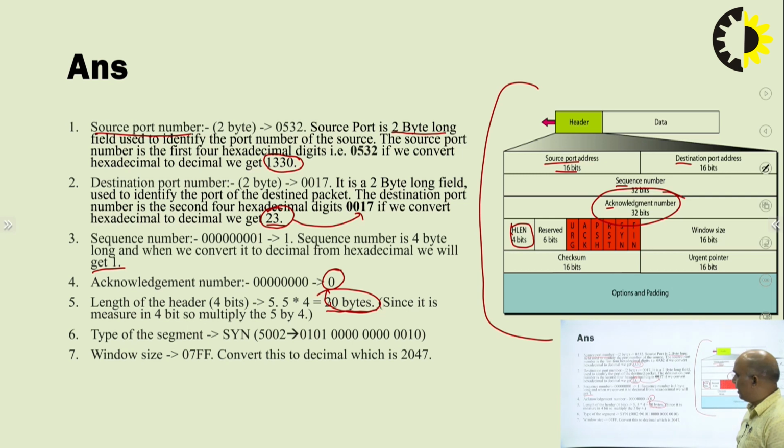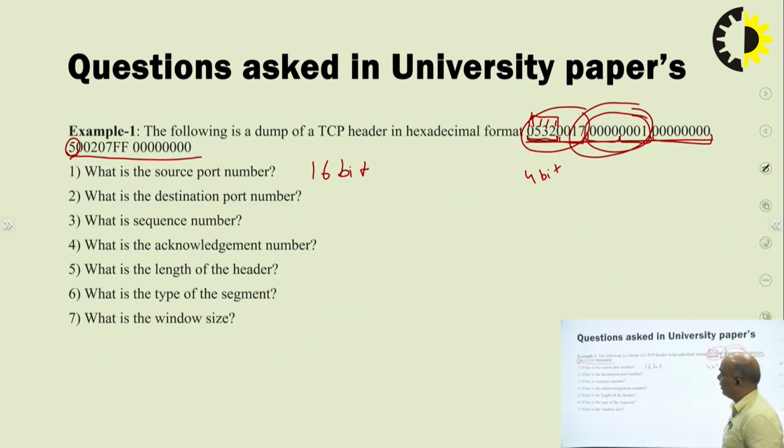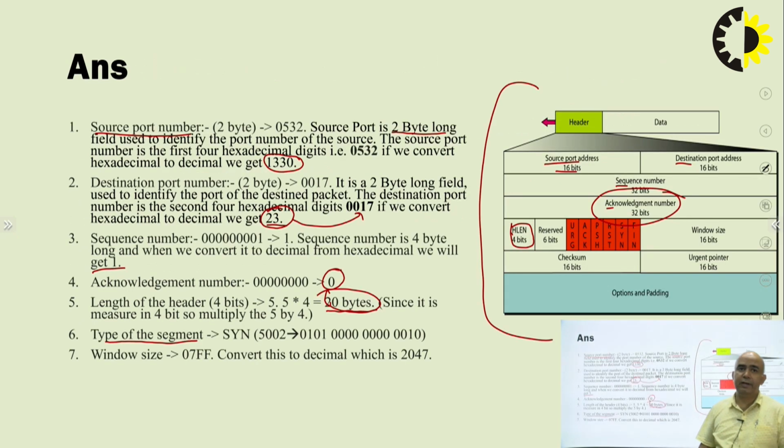Okay, so next we need to identify the type of the segment. If we look into this, this is 5002. We need to identify from this what kind of flag or what kind of segment is being used in this case.